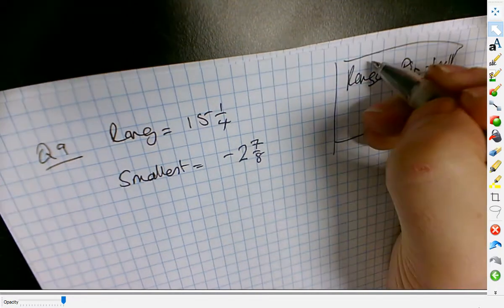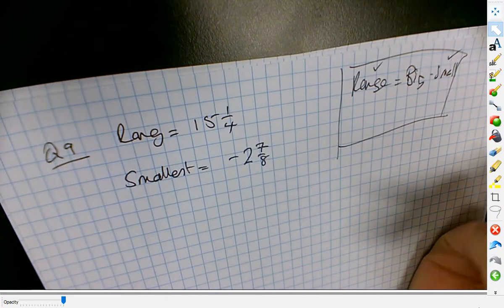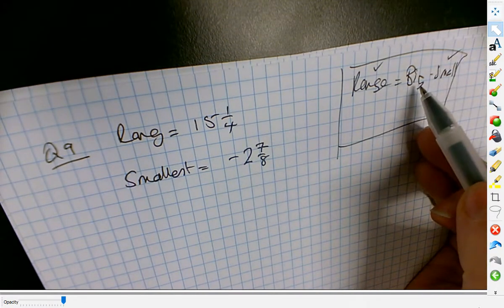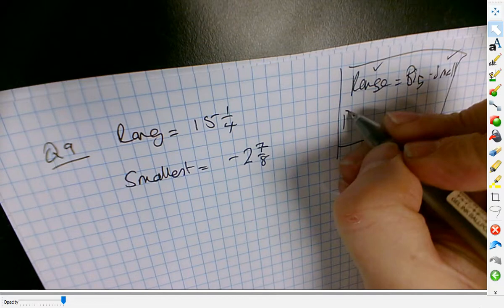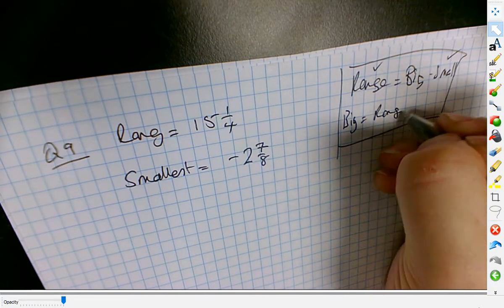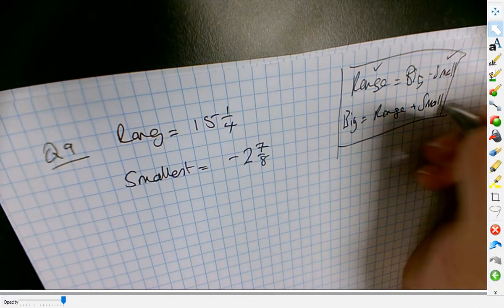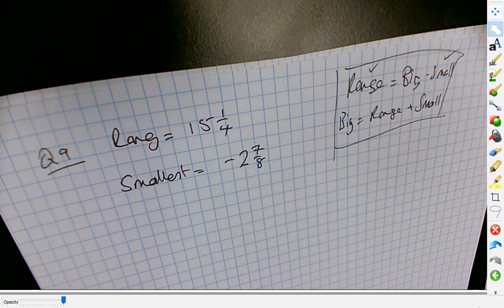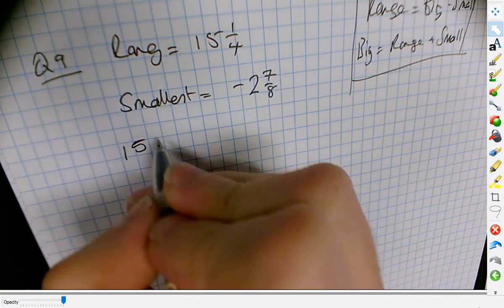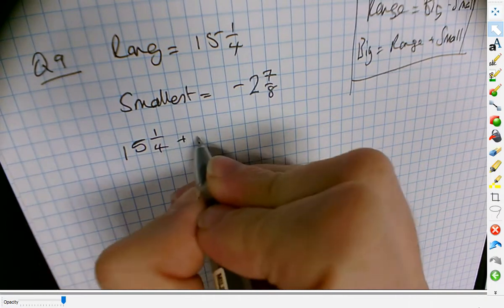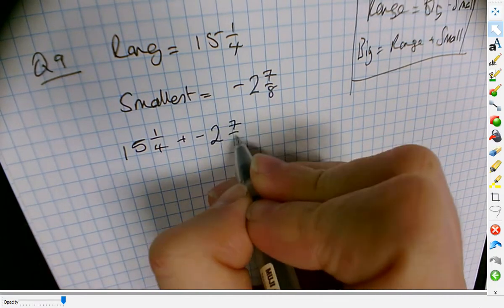If I've been given the range and the smallest, how do I work backwards to make the biggest? I add the range and the smallest number. So the biggest number is the range plus the smallest number. So I need to add these two things together. So I've got 15 1/4 plus -2 7/8.